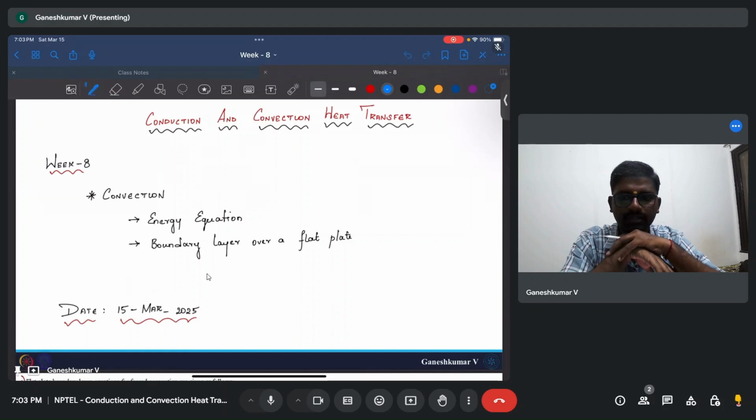We have derived it. And if you see what we did this week, we also continued that derivation and applied it to a case like a heated flat plate, right? So when there is a flow over a heated flat plate, how will you perform a convection analysis is what we did. So basically a boundary layer theory for flow over a flat plate is what we apply.